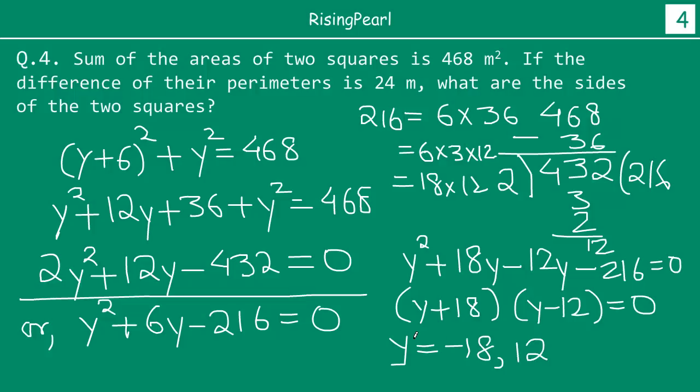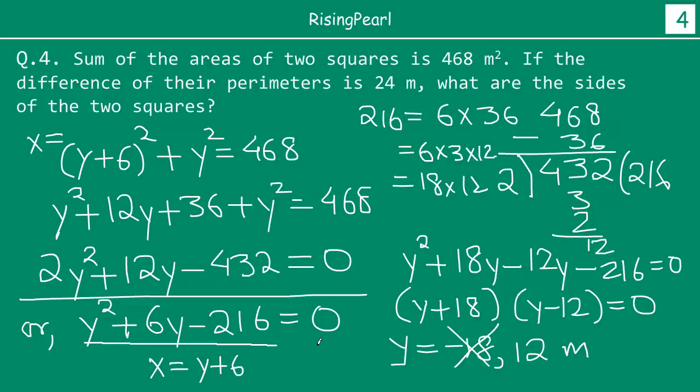Again, what is y? y is one of the sides of a square, so it cannot be negative. So y is equal to 12. So if y is equal to 12, that means one of the sides, all the units are in meter. So if y is this much, remember that x is equal to y plus 6. So then x will be equal to y plus 6.